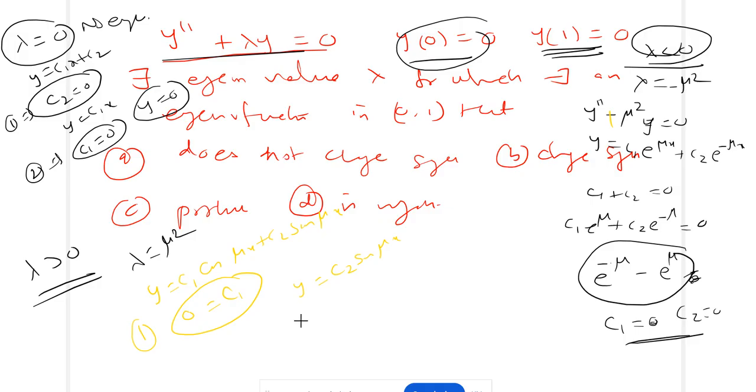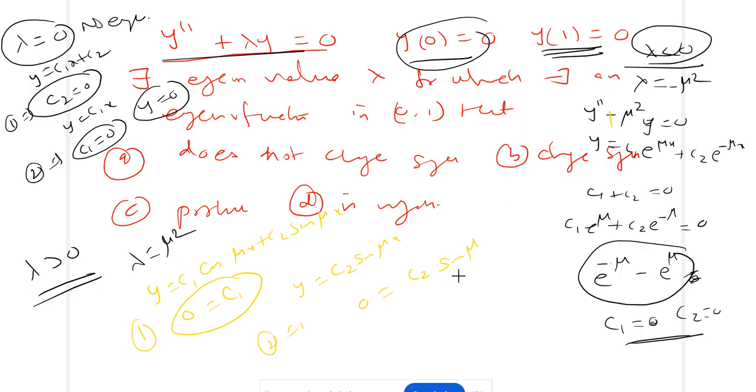Now applying the second condition, x equal to 1, y equal to 0, we get 0 equal to c2 sin mu. From this, what is the conclusion? If c2 equal to 0, once again we get the trivial solution, so no eigenfunction.